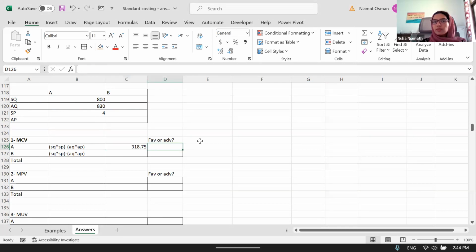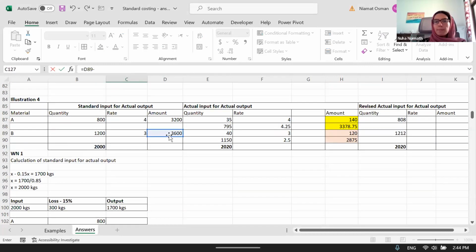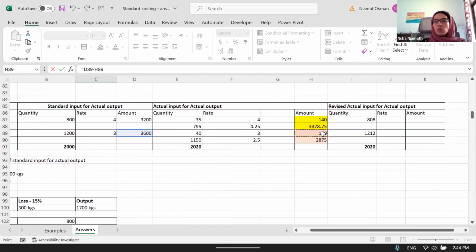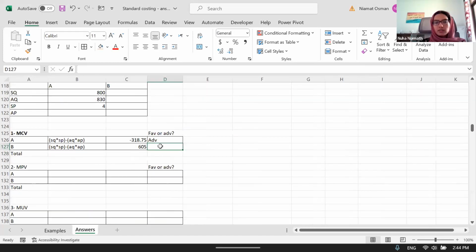Is this favorable or adverse? Adverse, correct. So this is adverse. Let's look at B. B is 3600 minus 120 minus, that is again giving us an adverse answer? No, that's giving us favorable.